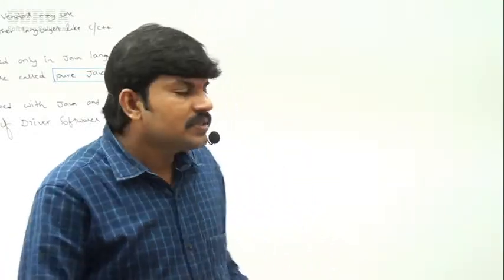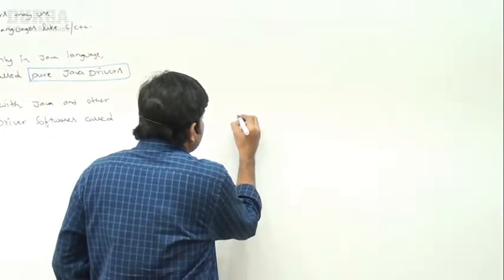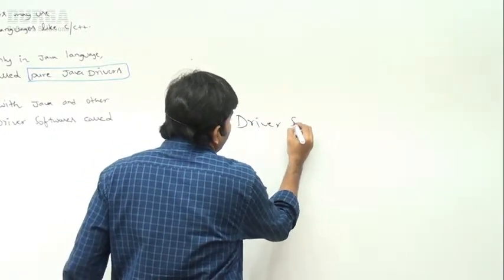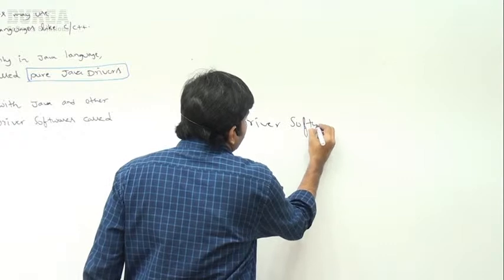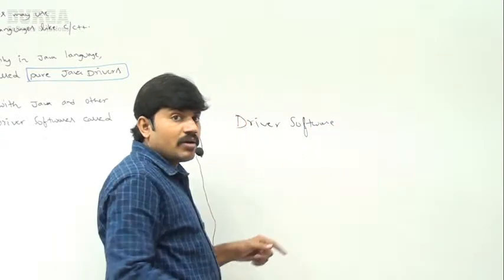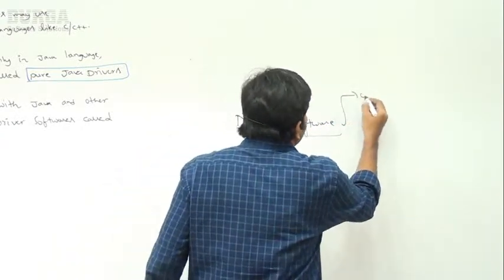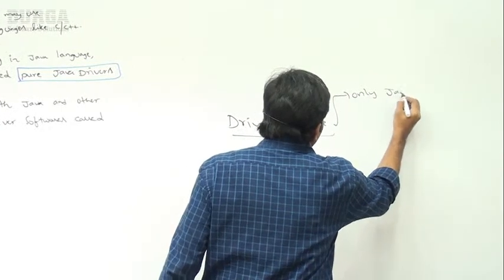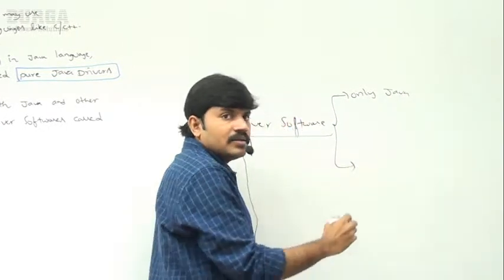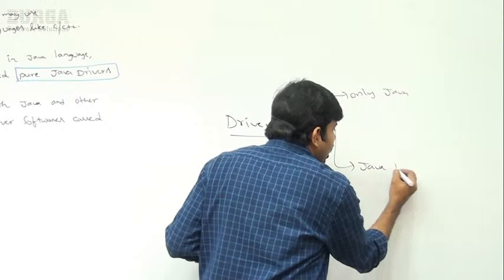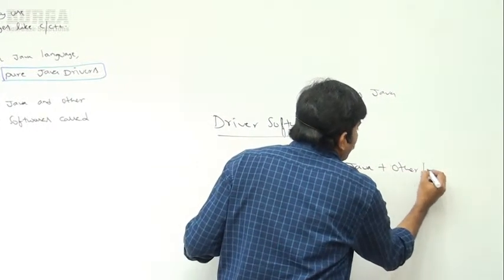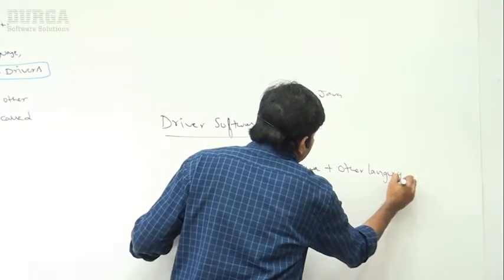Are you getting? I want to develop a driver software. To develop driver software, I can use only Java or Java plus other languages also, like C or C++, right?